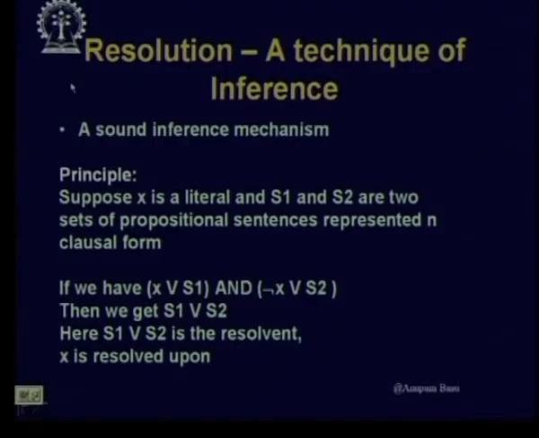Here S1 and S2 are two sets of propositional sentences represented in the clausal form. We already know what a clausal form is. A clause is a disjunction of literals. We also mentioned what a Horn clause is. Just in the last lecture we had discussed that on the right hand side of the implication there can be only one literal.